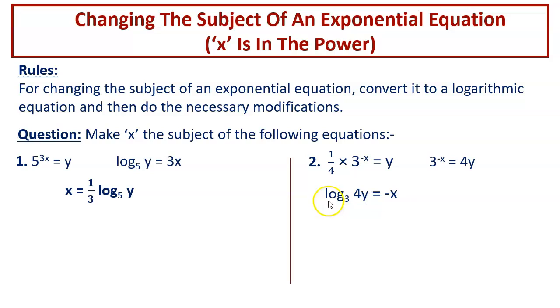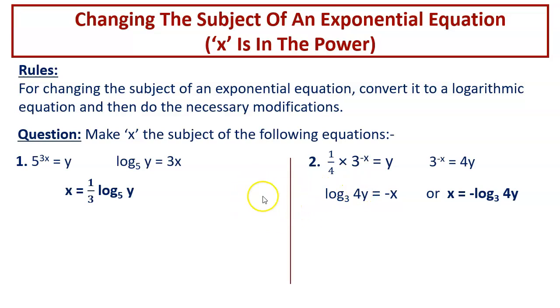So it is log of 4y to the base 3 equal to negative x. The power comes down to the opposite side of the equal to sign as the product or result, and since we have to make x the subject and not negative x, we will be writing x as negative log of 4y to the base 3.